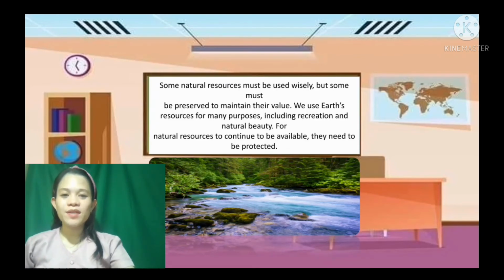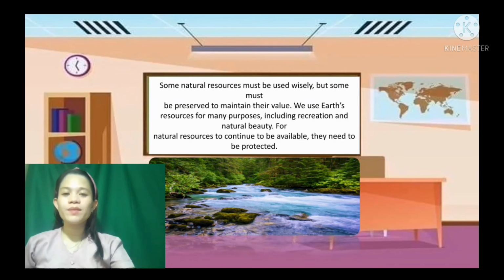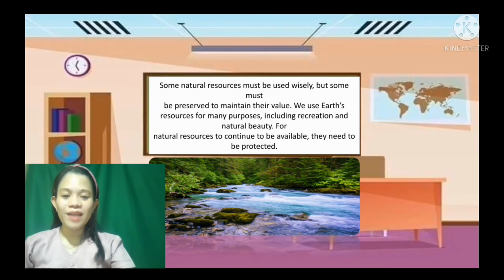Some natural resources must be used wisely, but some must be preserved to maintain their value. We use Earth's resources for many purposes, including recreation and natural beauty. For natural resources to continue to be available, they need to be protected.